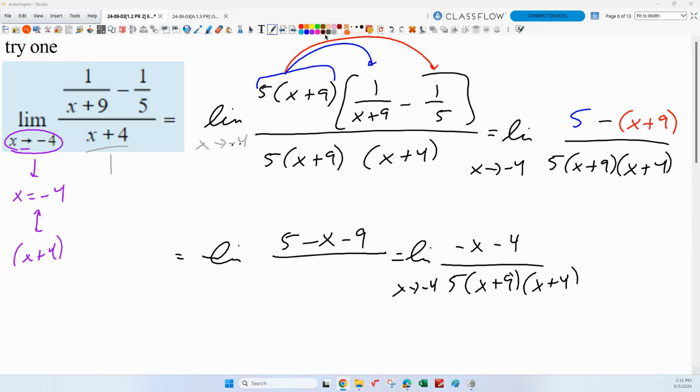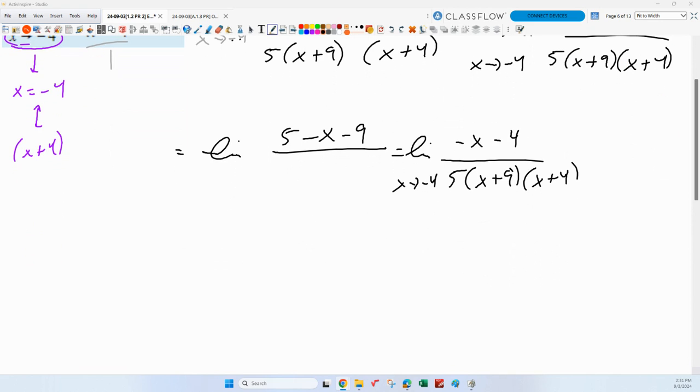Not quite there. What do I have to do to get an x plus 4 on the top? Factor out a negative 1. There you go.